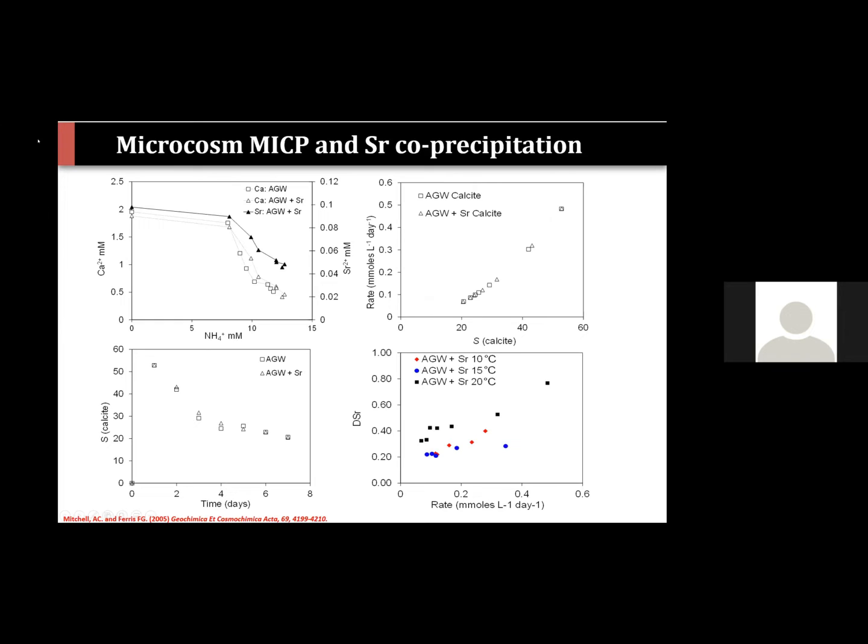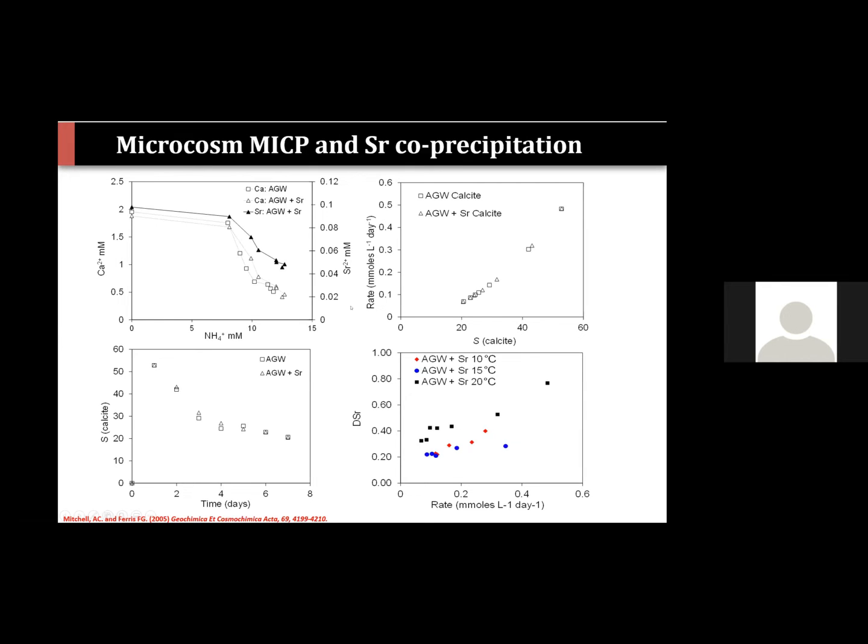We saw that the rates of precipitation are increased with temperature. No great surprise there. And we also see that critical saturation and precipitation broadly occurs at the same critical saturation and ammonia concentration under a range of conditions, with or without the inclusion of strontium.